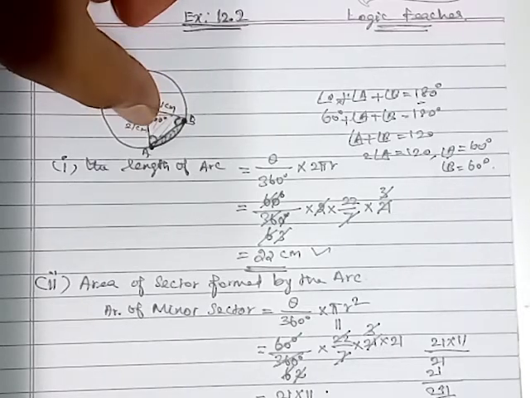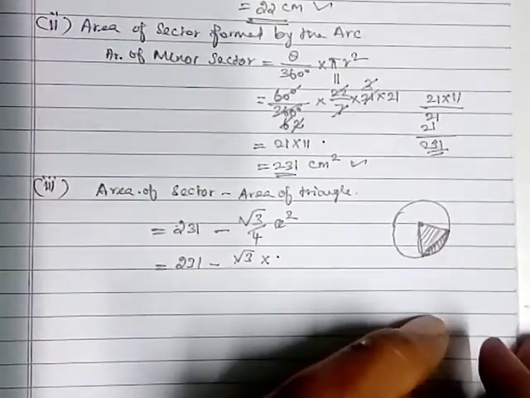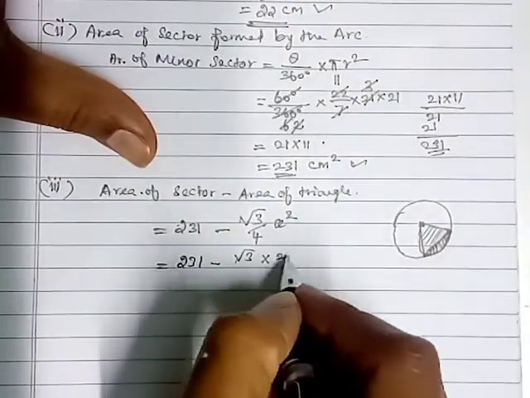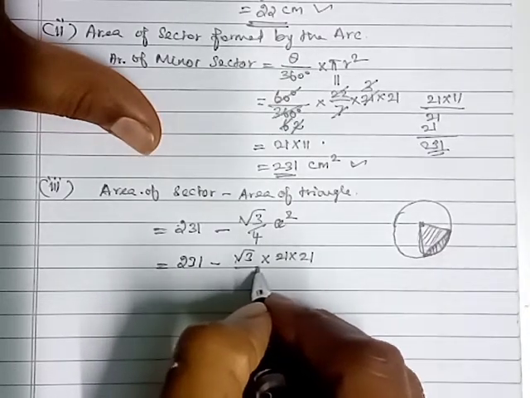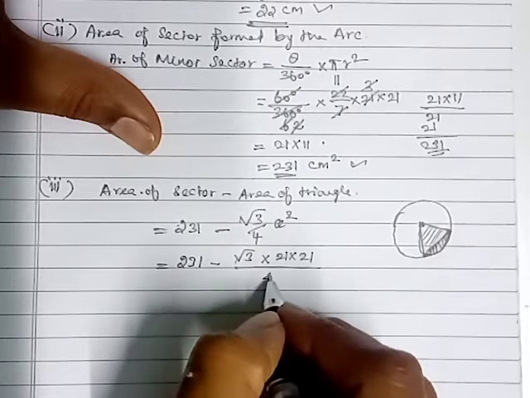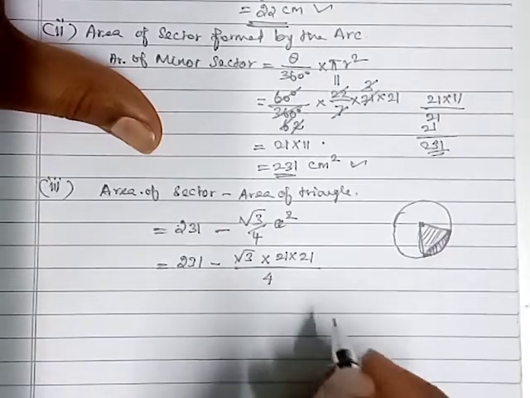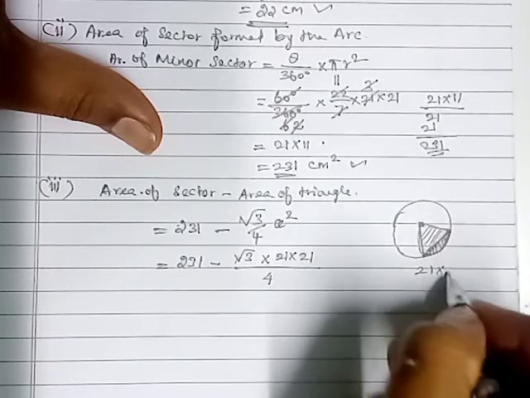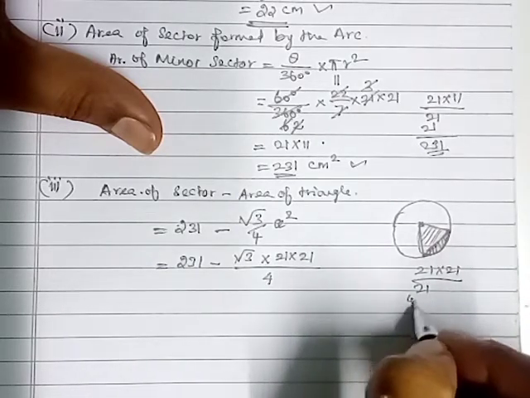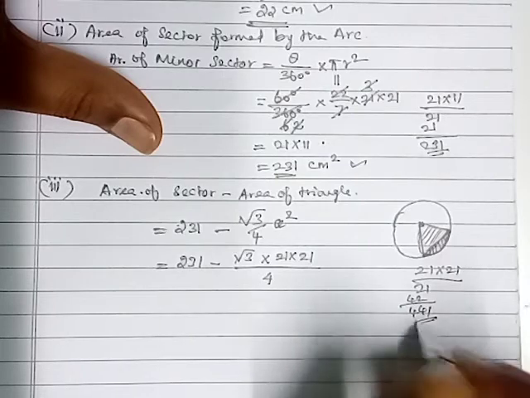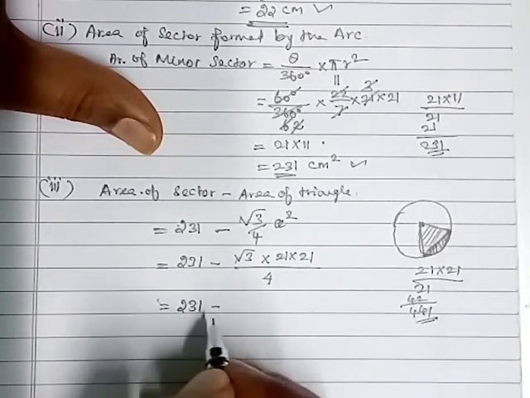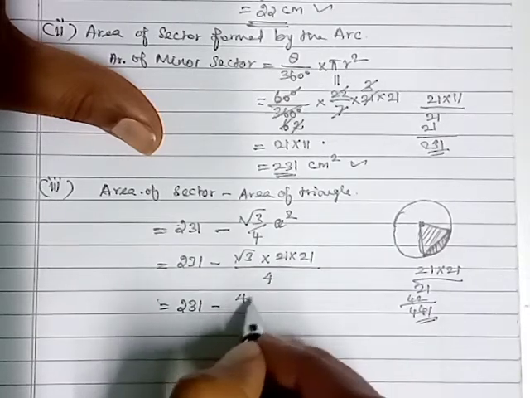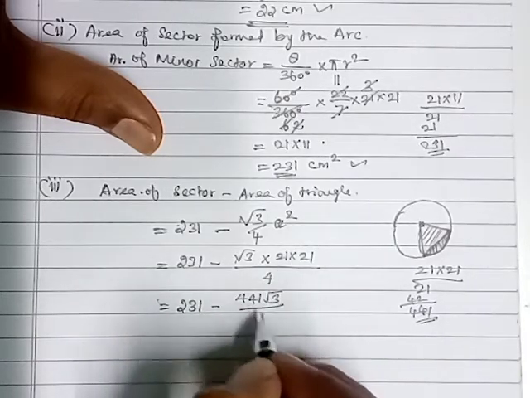Side is 21 centimeter, 21 centimeter and 21 centimeter, right? So A squared is 21 into 21, divided by 4. What is 21 into 21? 441, right? Then this will be equal to 231 minus 441 root 3 divided by 4.